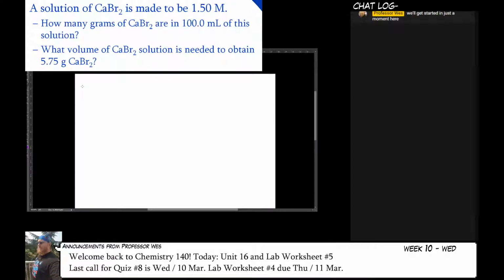All right, so we have 1.50 moles per liter of CaBr2, and I want to know the mass of CaBr2 in 100 milliliters of this.